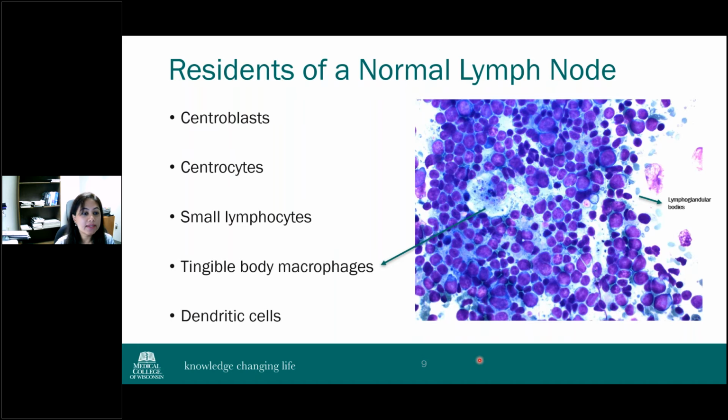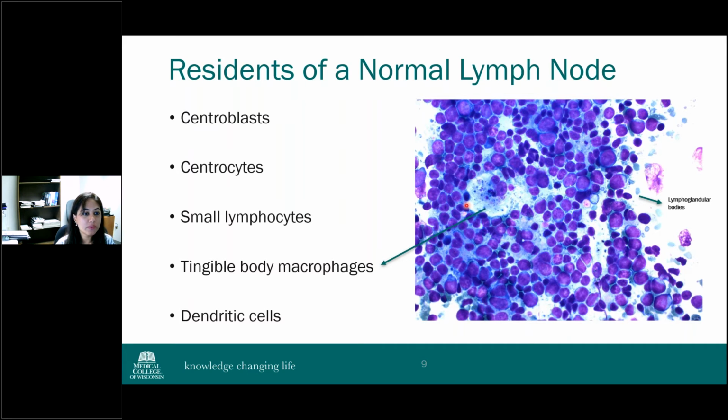The other things that we can see in a reactive lymph node are the tingible body macrophages, usually associated with reactive hyperplasias, but important to remember, these can also be seen in highly proliferative or very aggressive lymphomas.